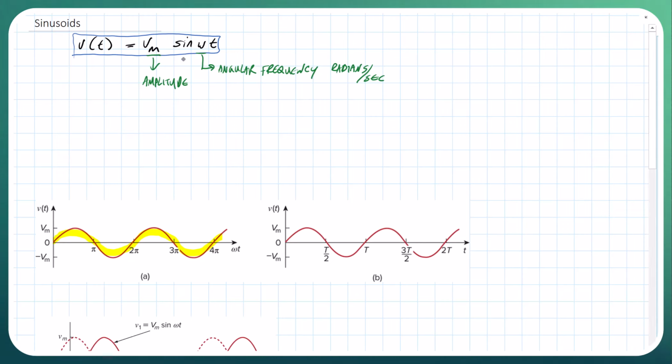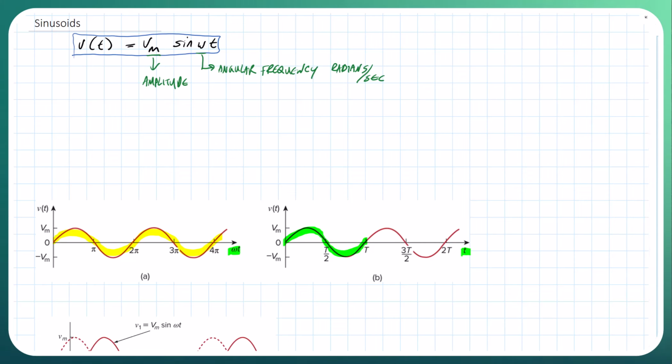Okay, and if we look at the figure down here, this is the time domain versus the frequency domain, if you will. You'll see that every capital T seconds is a period.